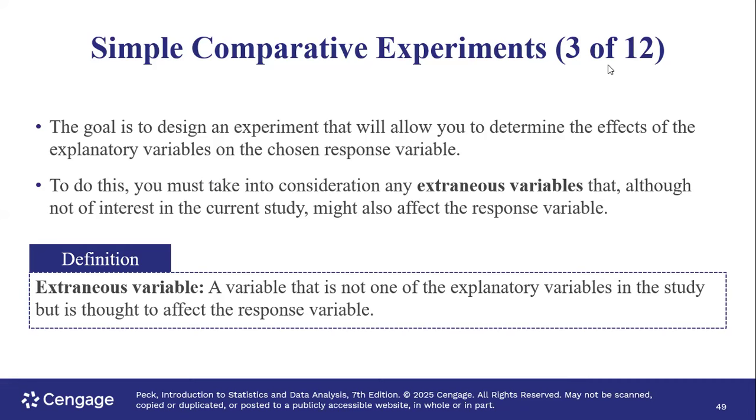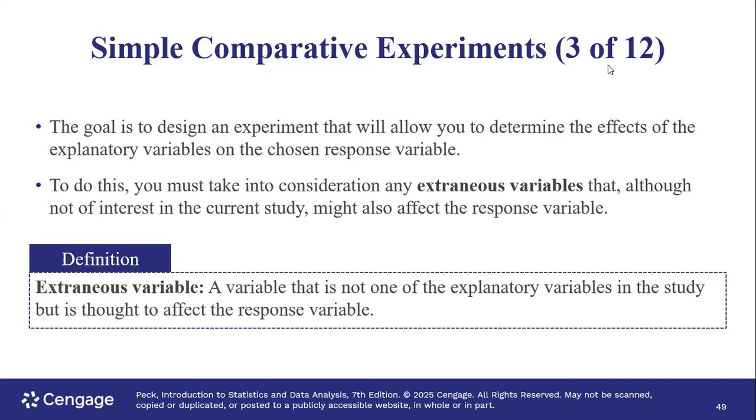To do this, you must take into consideration any extraneous variables that are not of interest in the current study but might also affect the response variable. Extraneous, as the name suggests, is extra, is outside the purpose of the study. A variable that is not one of the experimental explanatory variables in the study but is thought to affect the response variable.